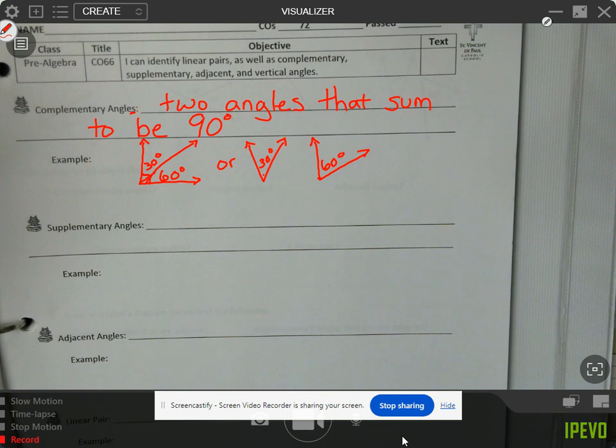Any guesses on what supplementary angles are? Jude? That adds to be 360. What adds to be 360? Two angles.